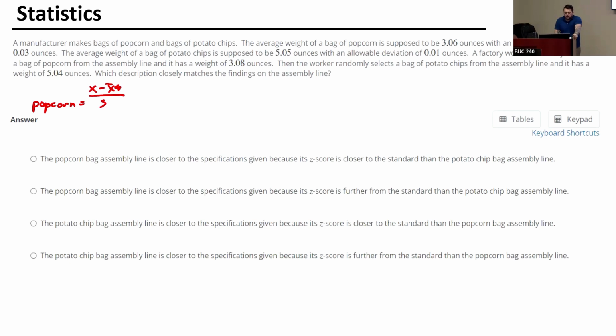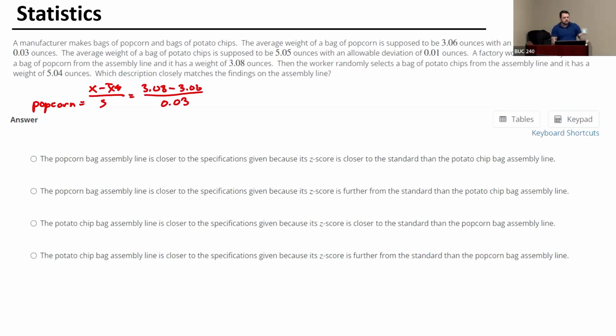For the popcorn, notice our data point, the thing he pulls off the assembly line, is 3.08. We're going to subtract from that 3.06, and divide that by 0.03.